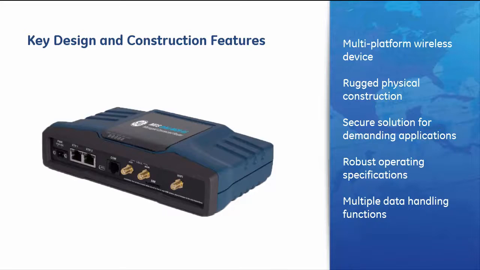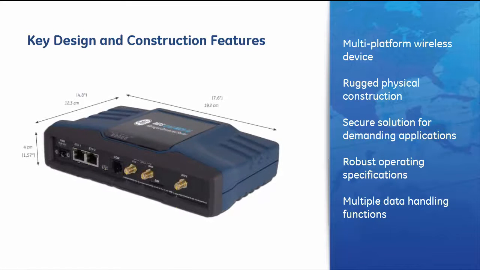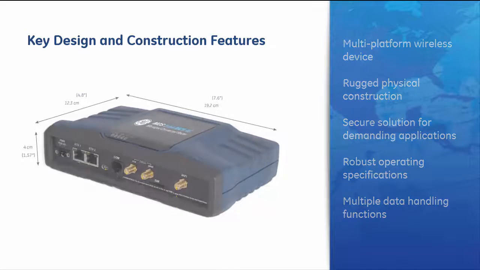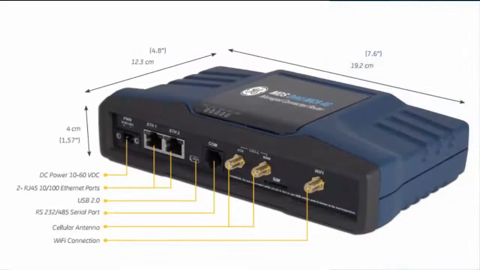The chassis measures 4 centimeters high, 12.3 centimeters deep, and 19.2 centimeters wide. The Orbit provides the functions of IP routing, port forwarding, and network address translation, and it provides for 128 or 256-bit AES encryption.